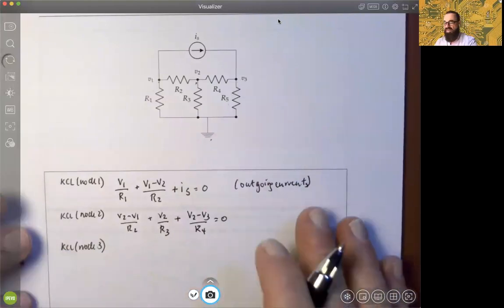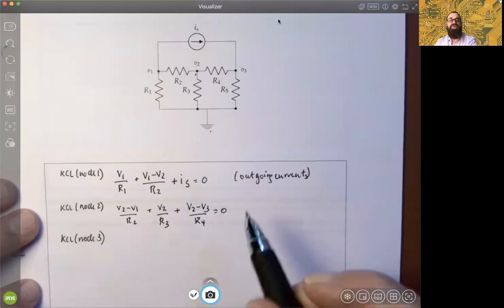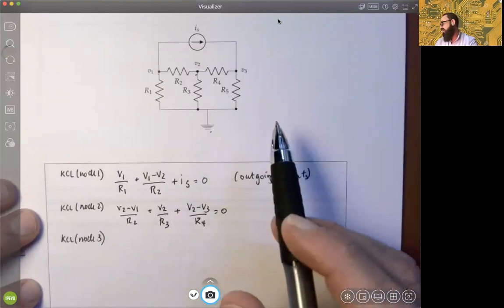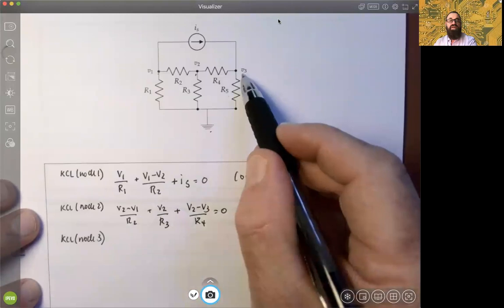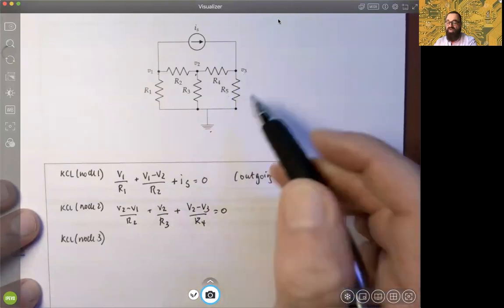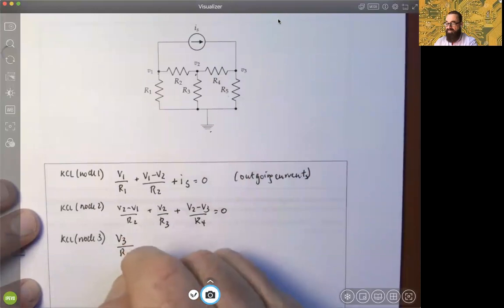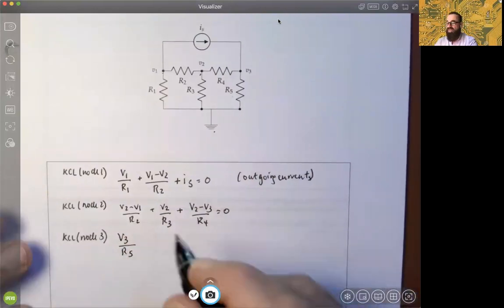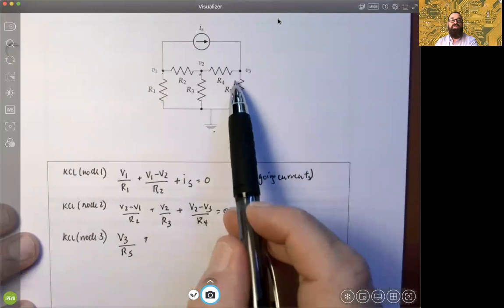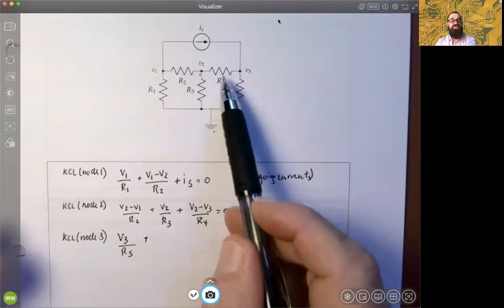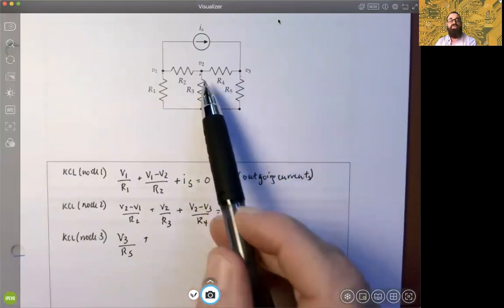And then finally, let's look at node 3 over here. Again, 3 possibilities. Let's start at the node and go down to the ground. So that would be V3 minus 0 divided by R5. Then let's go from node 3 to node 2 to represent the flow through that resistance.